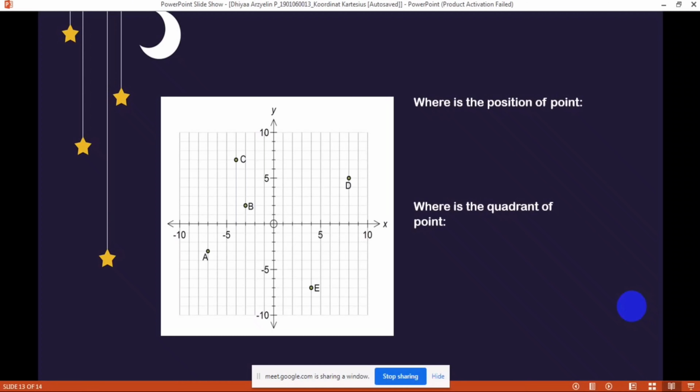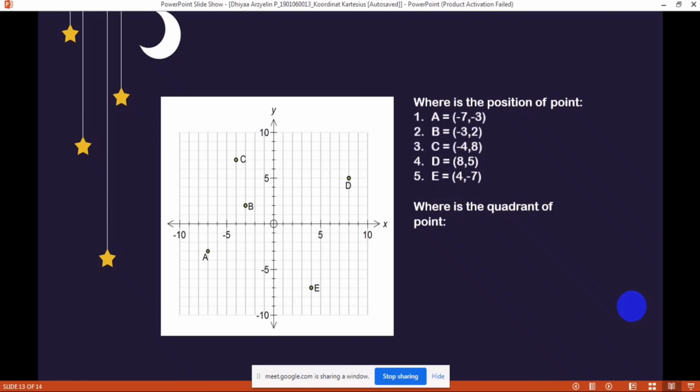D will have 8, 5. And E, negative 6... 4, 7. Okay.